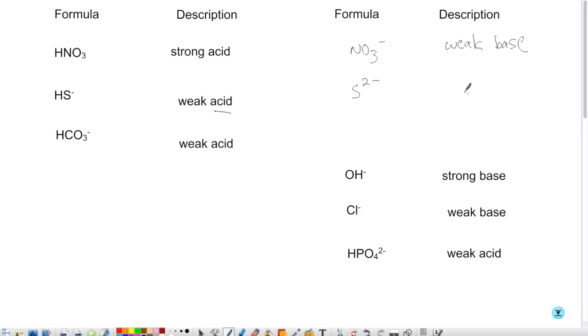And the conjugate of this, S2 minus, we're actually going to call this a pretty strong base. All right? Here's hydrogen carbonate ion, which I'm saying is a weak acid. So again, we're donating a proton, which would make the conjugate base CO3 2 minus, and that is a pretty strong base.